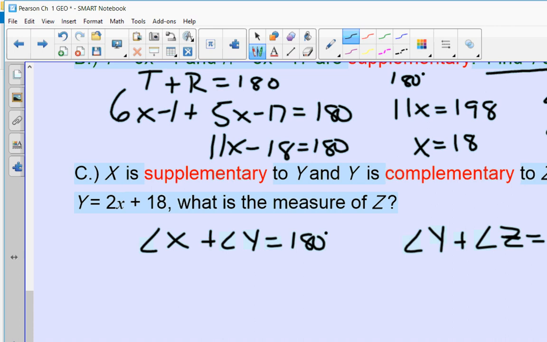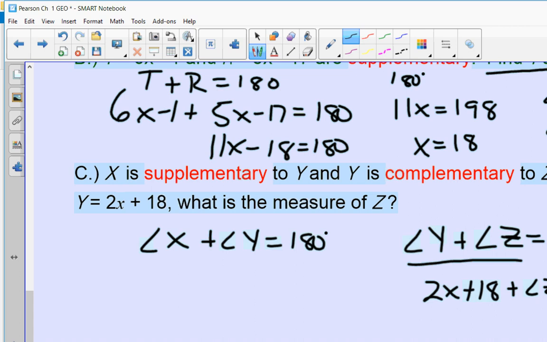So we got that. Now they tell me angle x is 4x and angle y is 2x plus 18. They want the measure of z. I could kind of do this in a couple different ways. But I think what I need to do, if I want to find z, I got to have y. So I could go 2x plus 18 plus angle z equals 90. Okay, so did a little bit of substitution there. All right. I could also go over here.